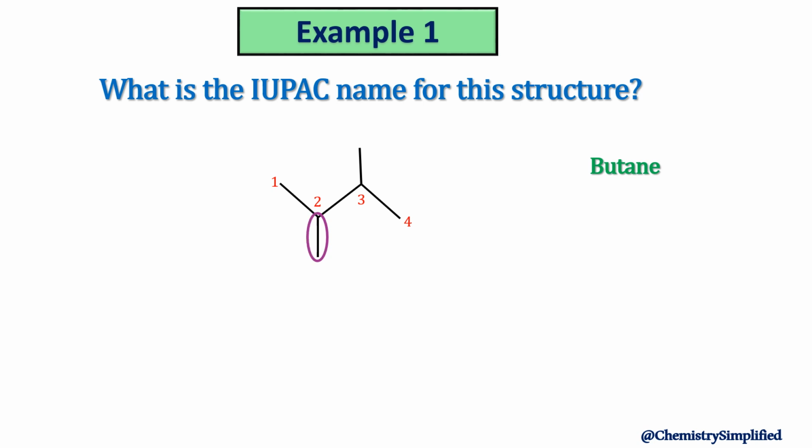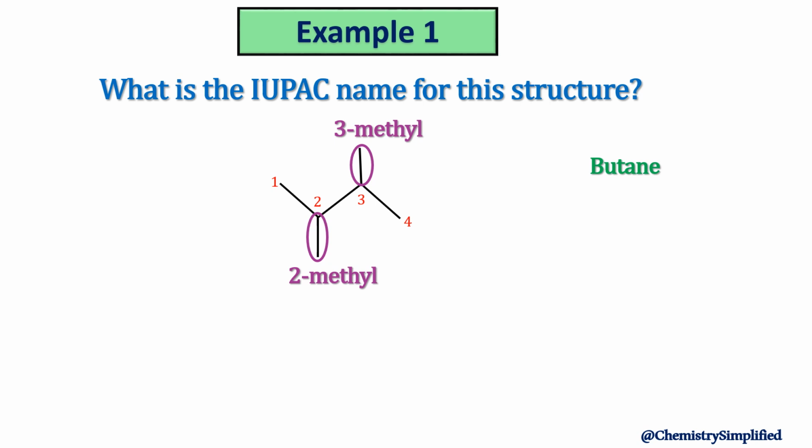This leftover branch or substituent has only one carbon. It's a methyl. Since it's on carbon number 2, we say this is 2-methyl. The other branch is on carbon number 3, and it's also a methyl. So we say 3-methyl.